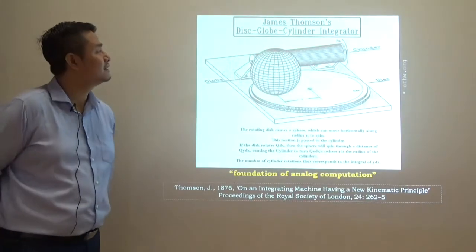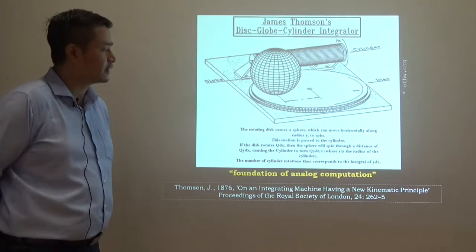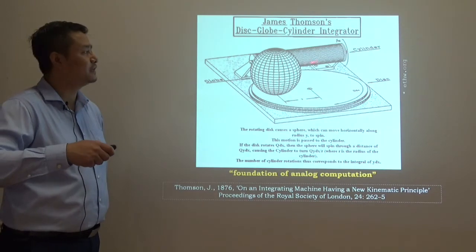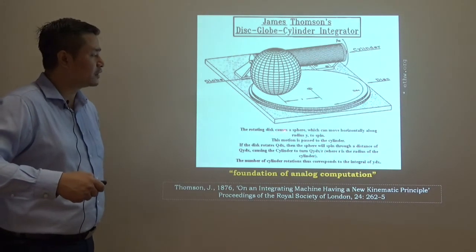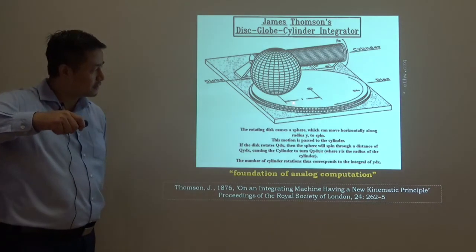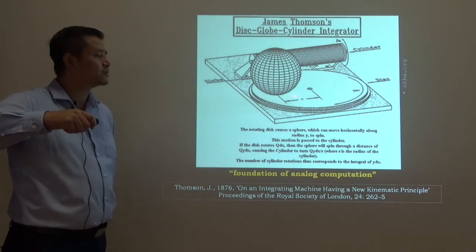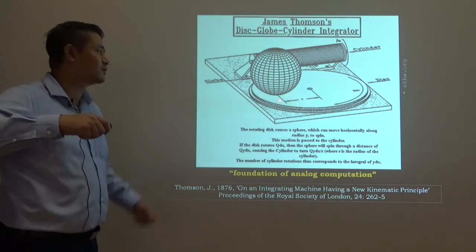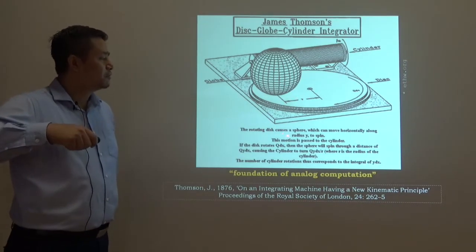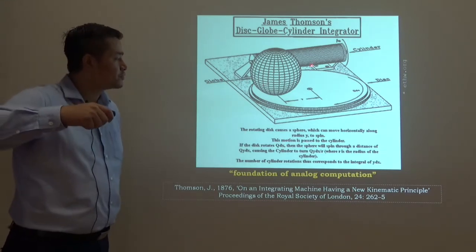Next is Thompson's disk-globe-cylinder integrator. We have a disk here, and a globe, a sphere, and a cylinder. The rotating disk causes the sphere to move in the y direction. This is just called y; it can be called x, y, a, b, c, anything. And then this motion is passed to the cylinder.